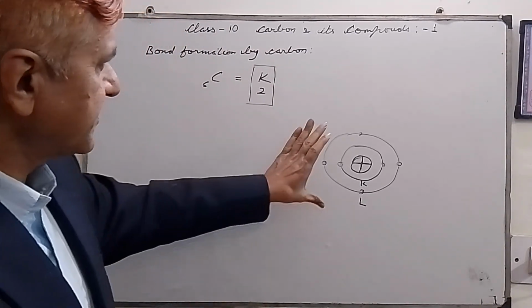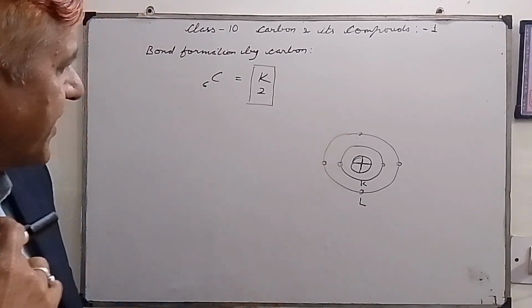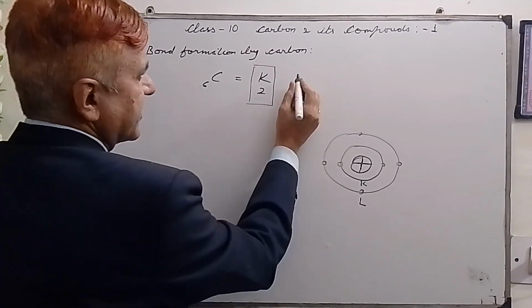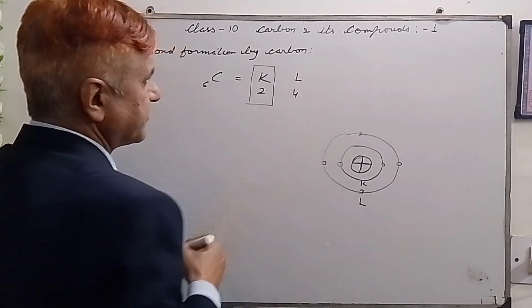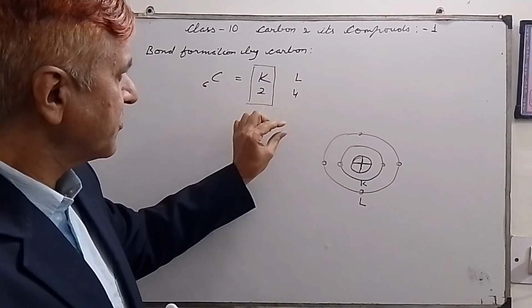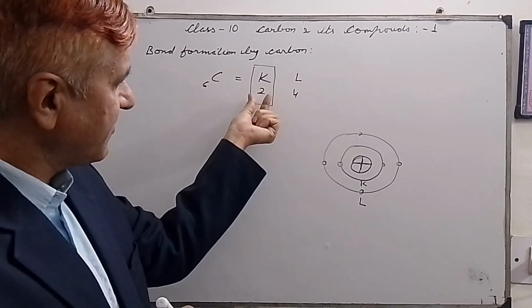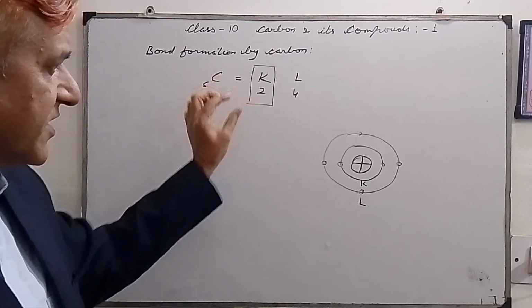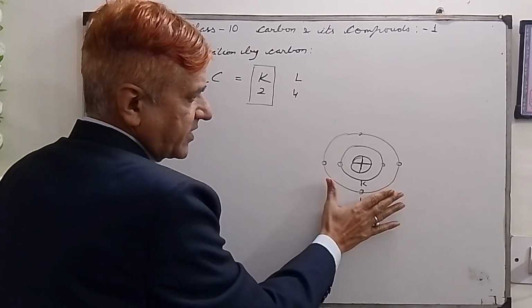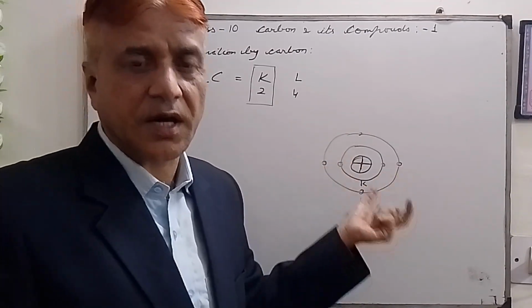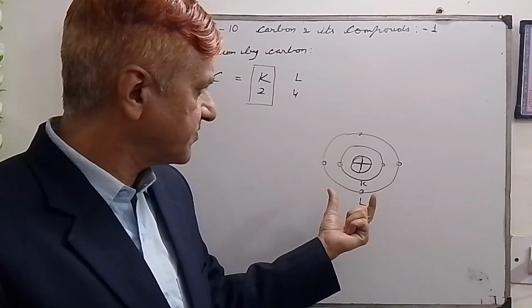Now, my dear students, let me write the L shell here, 4 electrons. When it gives these 4 electrons, the K shell will be the outermost shell of the carbon atom. Please understand this. Carbon atoms are small in size.